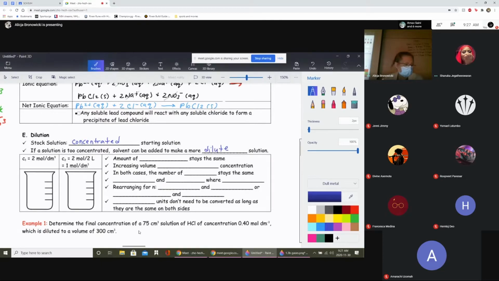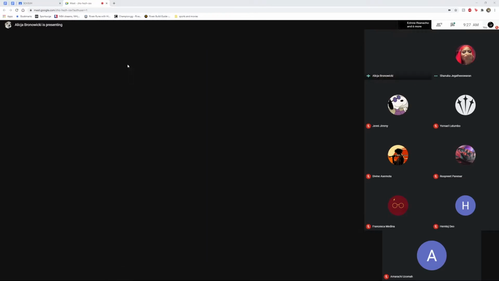Okay, so let's take a look and see what this would look like. Let's say I have 2 moles per liter. So here's a liter. I have a very big beaker, and here is a liter. So I would have 2 moles per liter. Okay, so there's my 2 moles. Now let's say I dilute it. When I dilute something, I add more solvent.